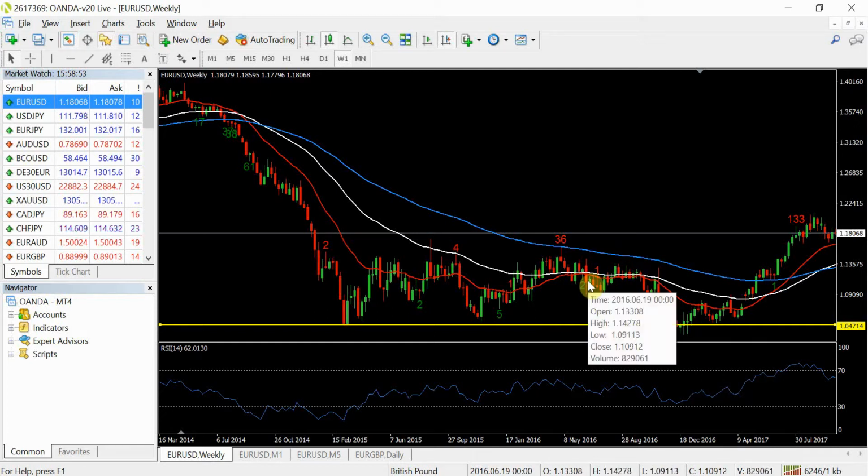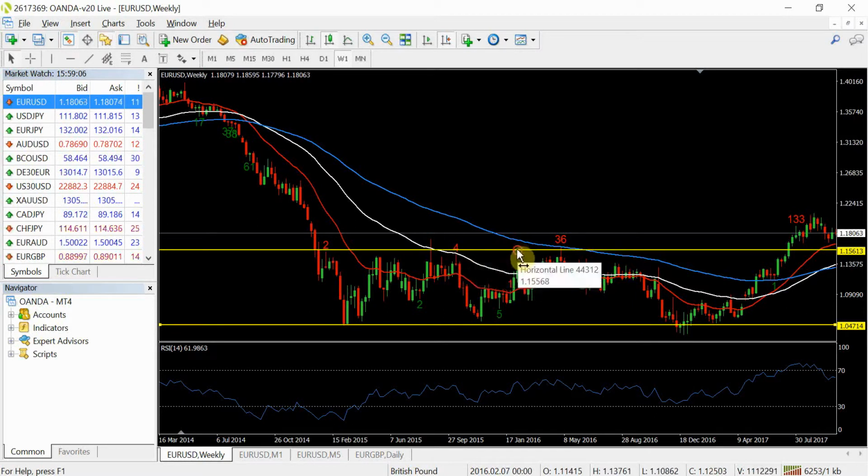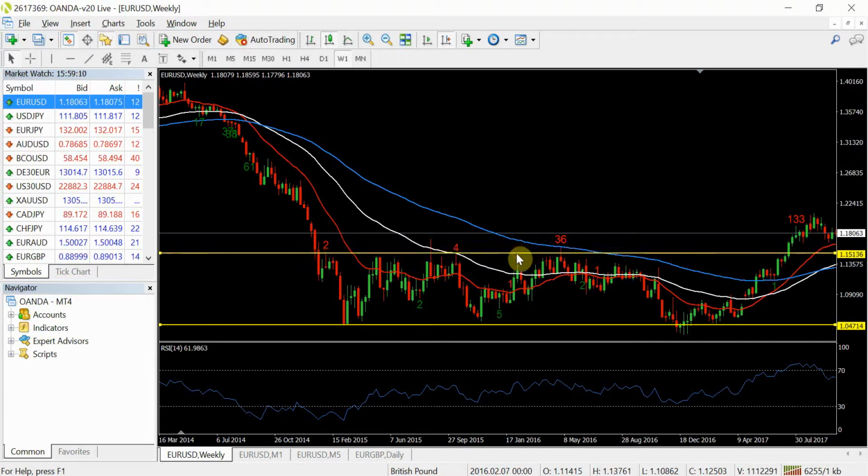And point 3, which is another one of the 4 different methods, is support and resistance. If I draw a line about here, remember support and resistance are just zones. You can see you've got one touch here, which is a pin bar.